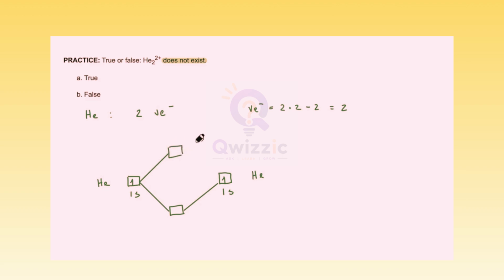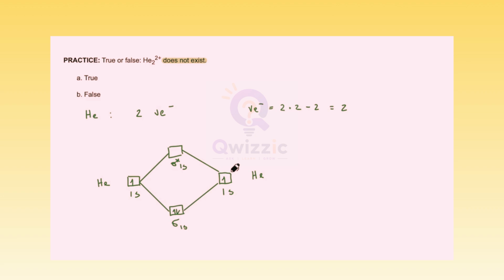Now, what are those orbitals? We have to recall that the lower energy orbital is sigma 1s, and the higher energy orbital is sigma star 1s, the anti-bonding orbital. And now we want to essentially take those electrons and pair them onto the sigma 1s orbital based on Hund's rule, right?